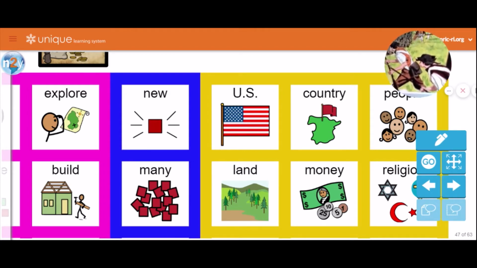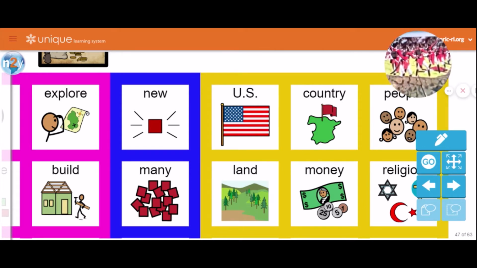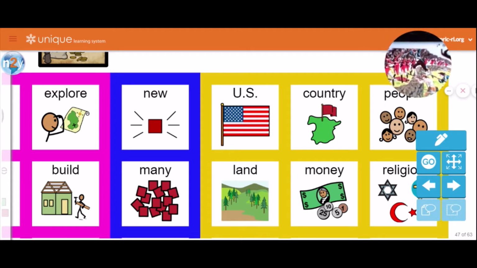Some of them were Minutemen who didn't have the blue uniforms, and they were fighting against the British soldiers in their red coats. Pretty easy to identify one side from the other, back then.